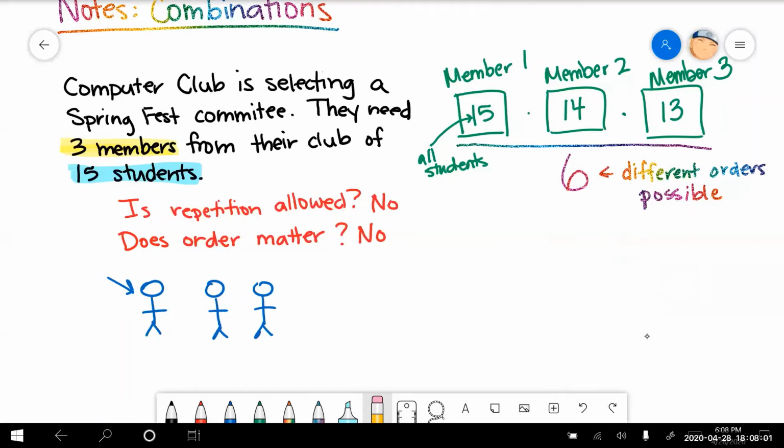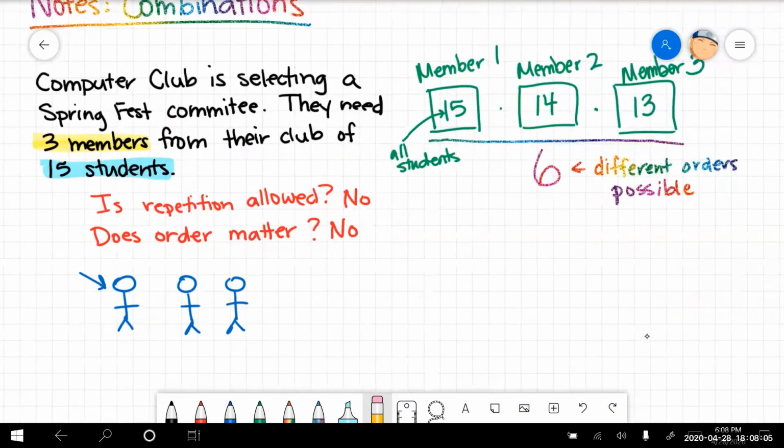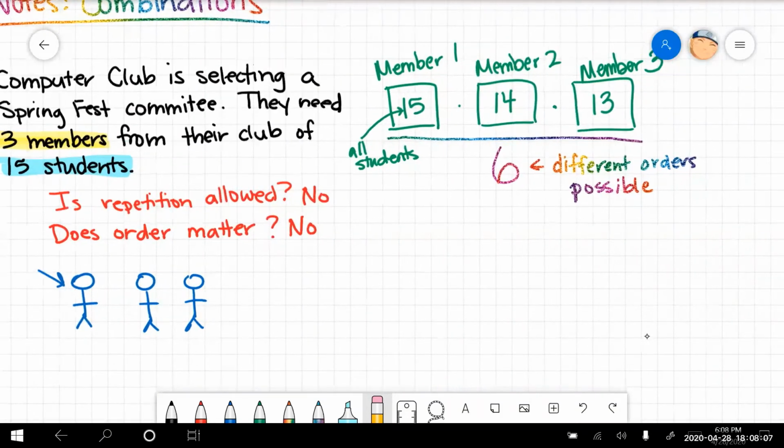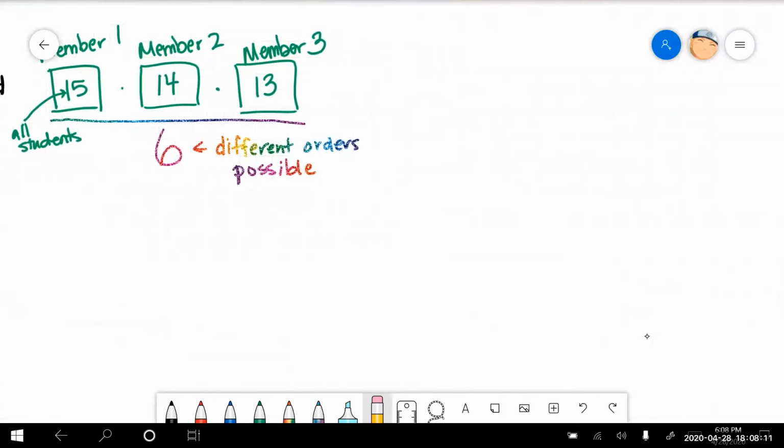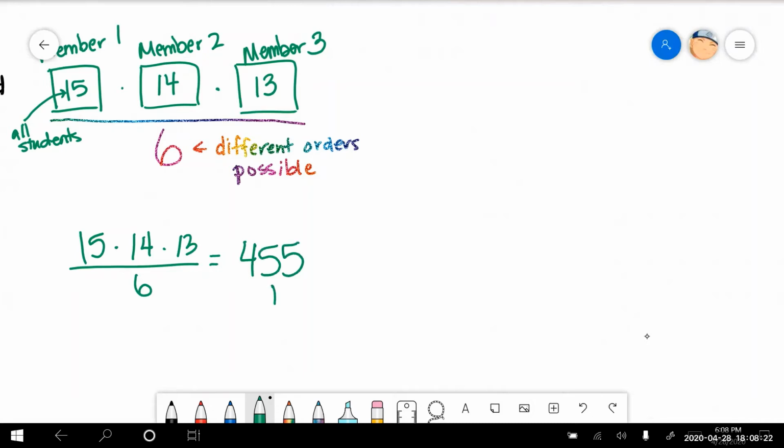Okay, so turning to my calculator, I can go ahead and plug this in. I'm going to scoot over some of our work here so we can keep working. And we end up with 15 times 14 times 13 divided by 6. And in my calculator, that is 455 possibilities.